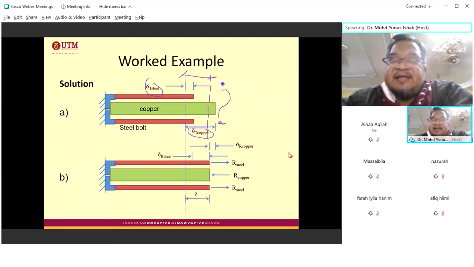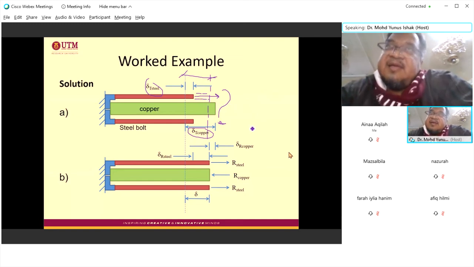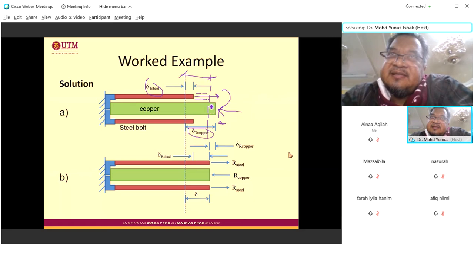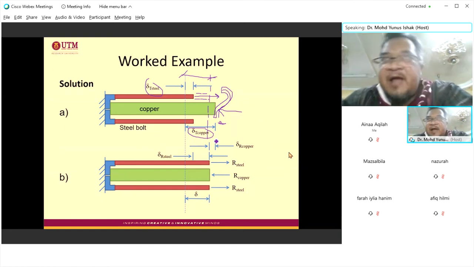This is the final line, meaning how much force you must apply so that the steel will have more elongation until here, and how much you must apply so that the copper will shorten until here. So we do not allow this to happen separately. We must have one final datum.